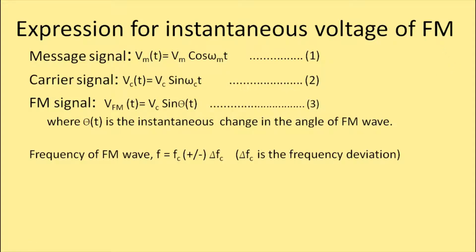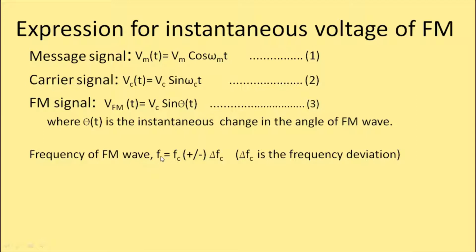In the previous discussion, we saw that the frequency of the FM wave varies from a maximum value to a minimum value. We represented it as the frequency Fmax and Fmin. In either of the cases, either a delta Fc value was getting added to the Fc or getting subtracted from Fc.